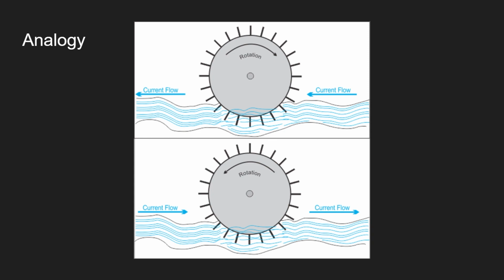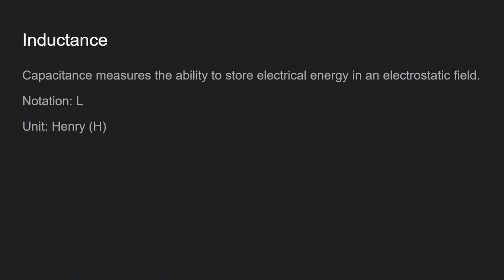The correct term is reactance, but I will use the word resistance to make it easier to understand. That's why when the voltage is a very high frequency AC, the inductor will have a very high resistance to prevent the current change.